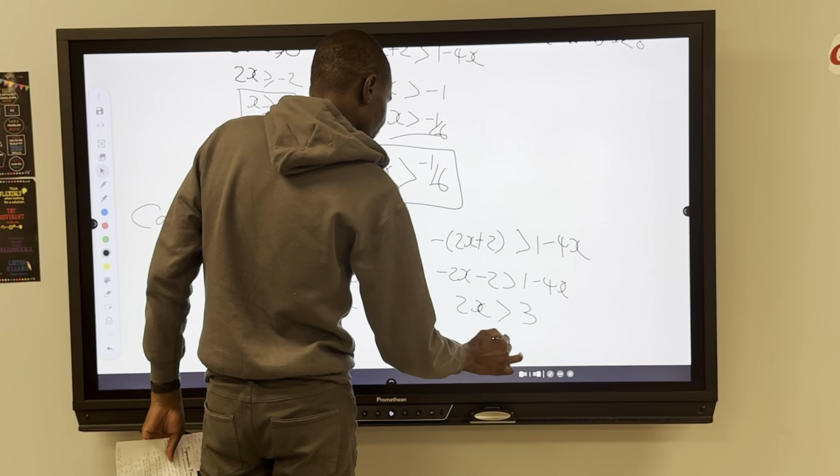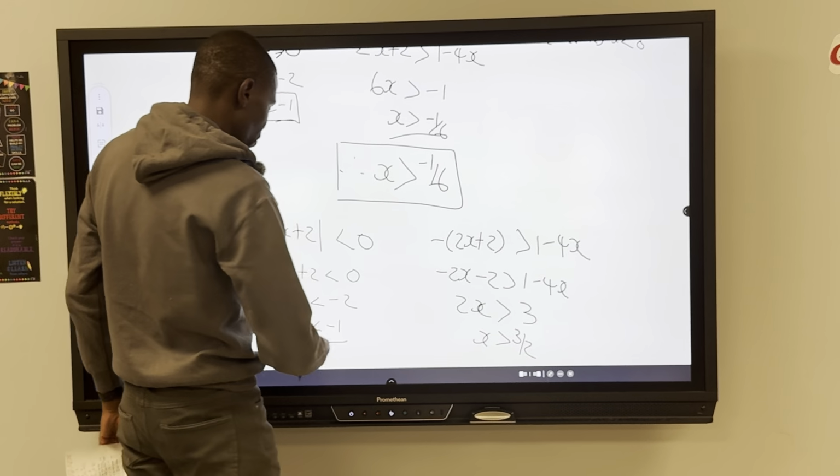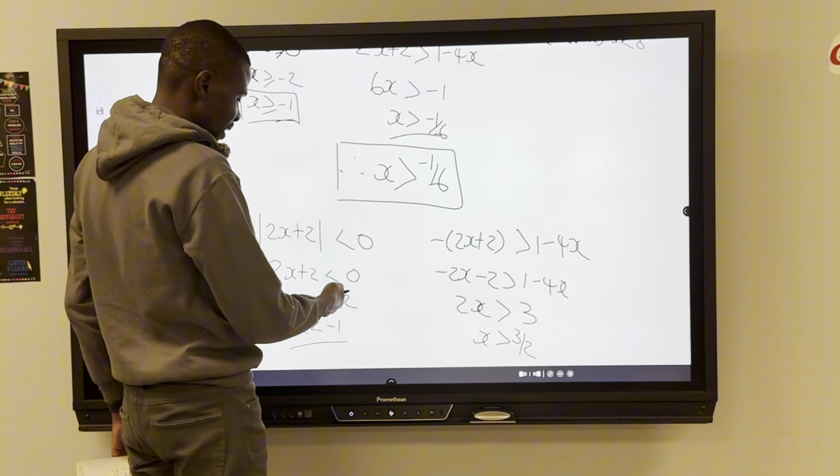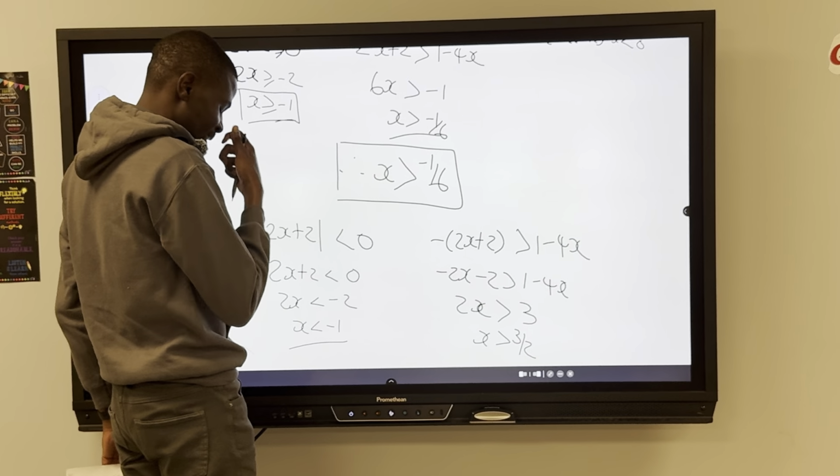So x is greater than 3 over 2. So if we combine this, it doesn't make any sense. We don't have a solution, because here the condition is that x must be less than negative 1, and here the solution is x greater than 3 over 2, so we don't have a solution. For this case, there is no solution. So the only answer for this is that one.